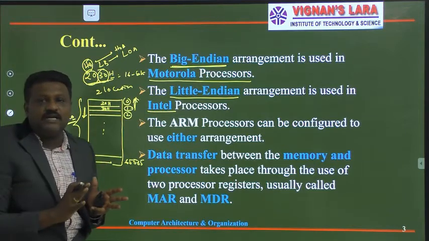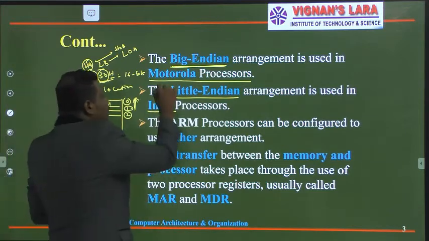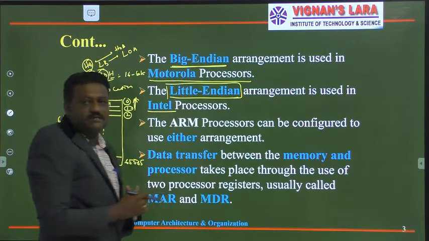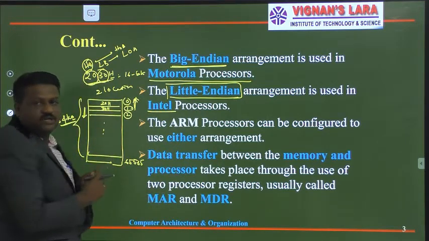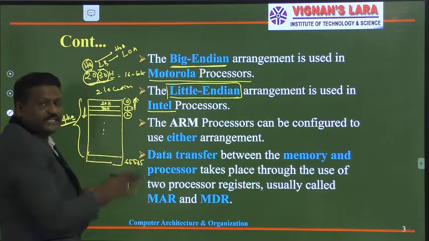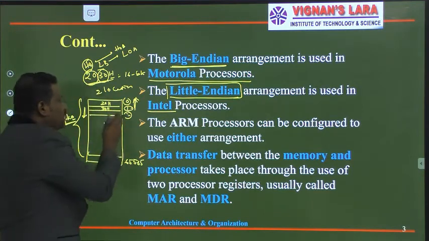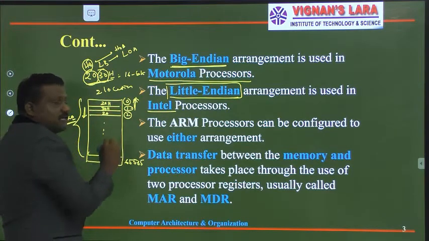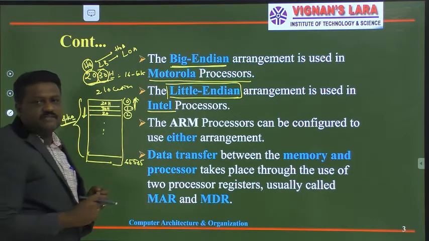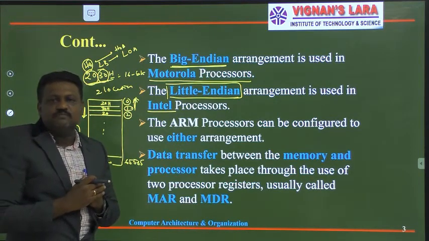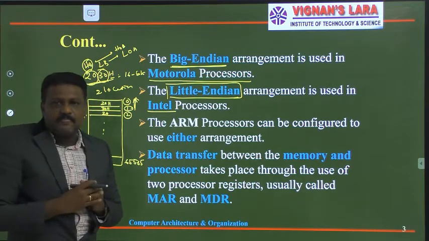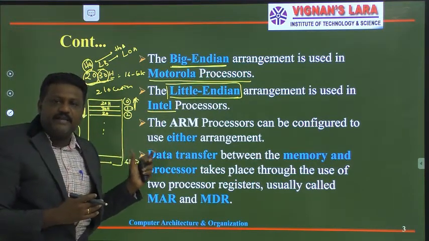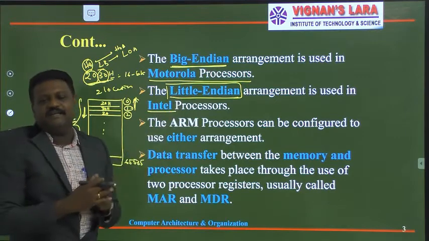This is the scenario we observe in the little endian arrangement. That means this 30H is stored in location 1, and 20H, which is my higher order byte of data, is copied onto the higher order address location, which in this example is 2. So in this case the data is stored like this. This type of arrangement is what we call little endian.